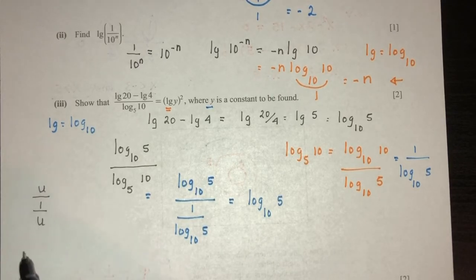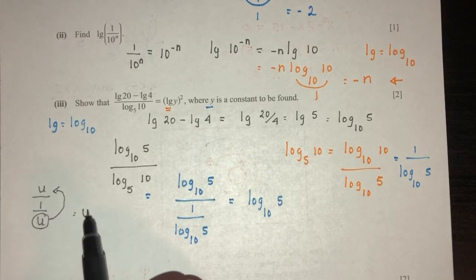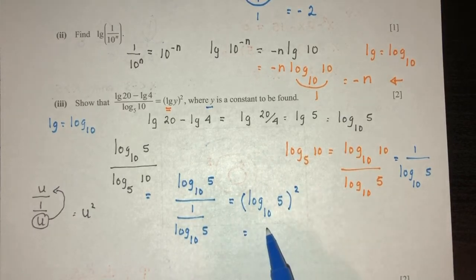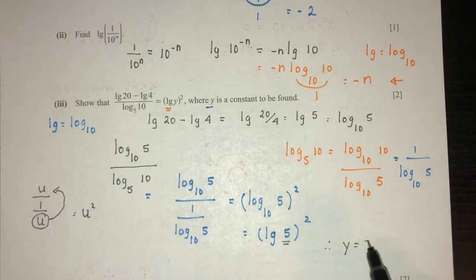Now if you want to simplify this, you can just multiply this on top. You will have u squared. So same thing, this will become lg 5 squared. Now this value here is y, so you write y is equal to 5.